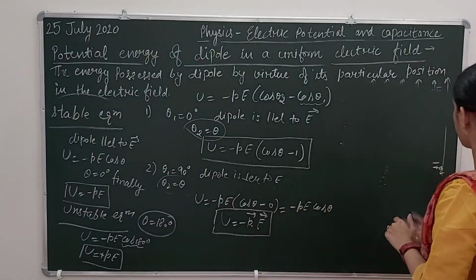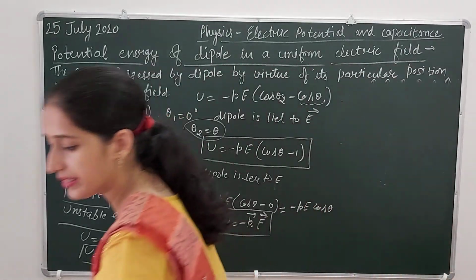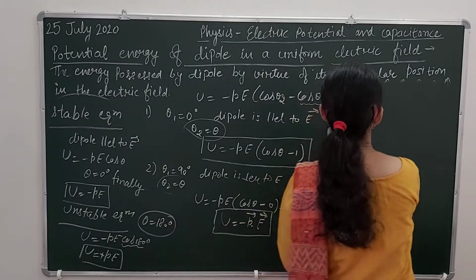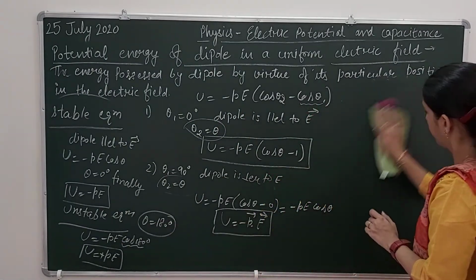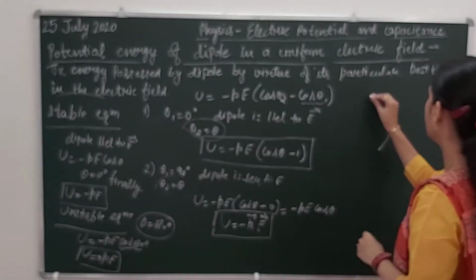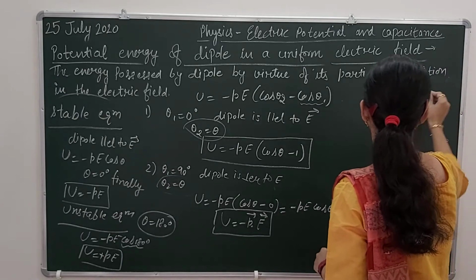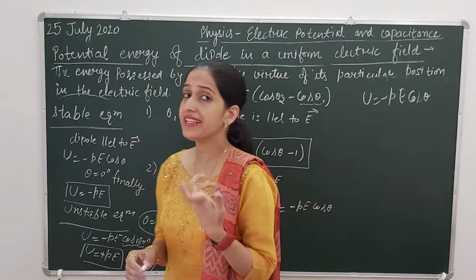Now, one more question which is frequently asked in exams: the position of zero energy, where the potential energy is 0. U is equal to minus PE cos theta. When can the potential energy be 0?